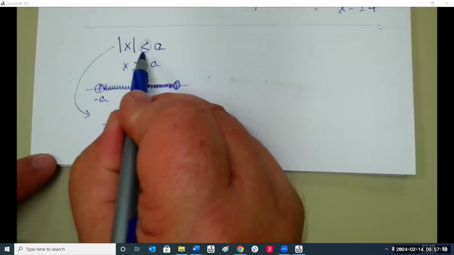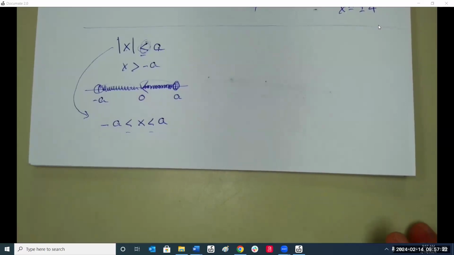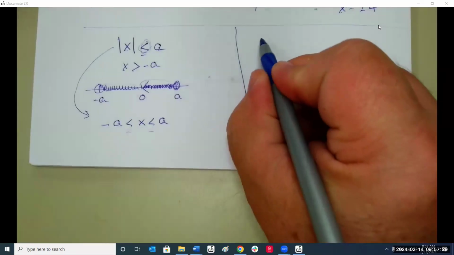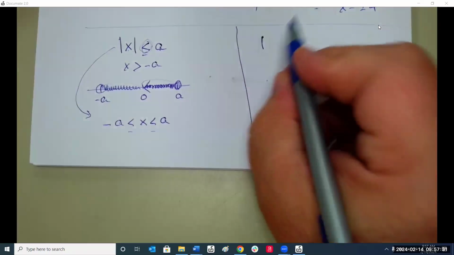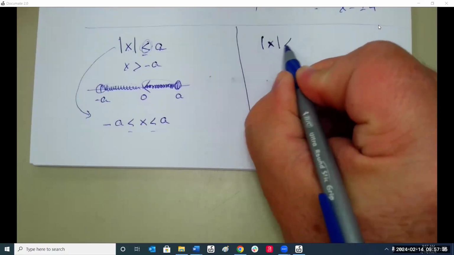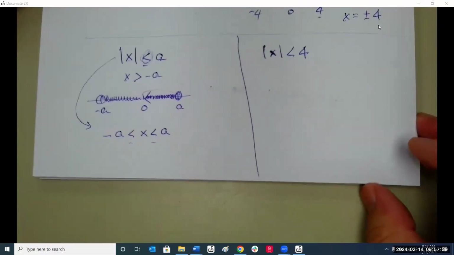And it's either going to be less than or less than or equal to, whatever the sign is. So what's that answer going to be?